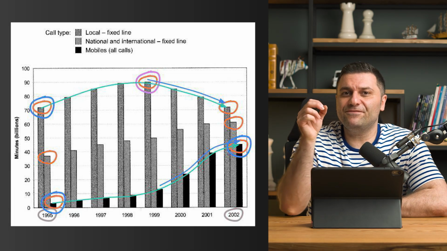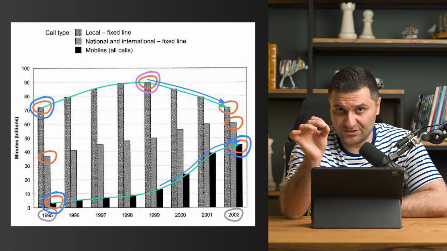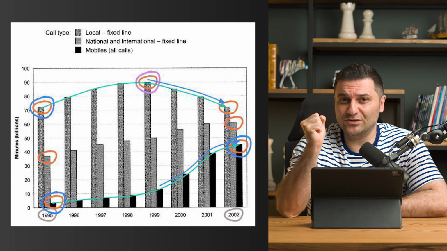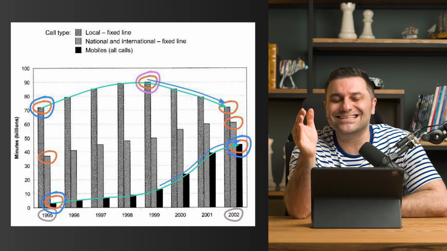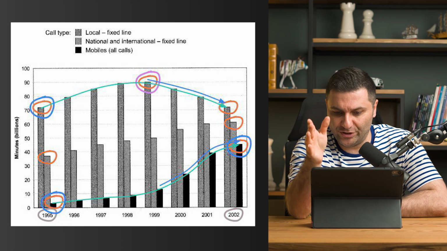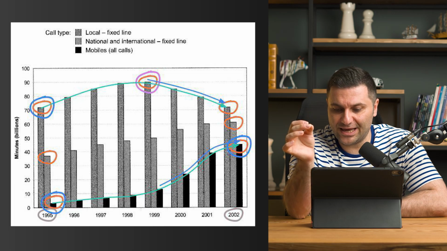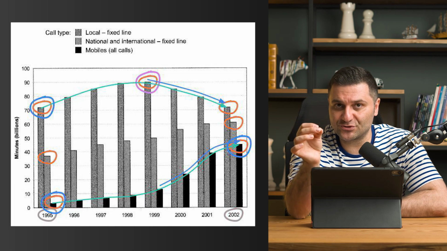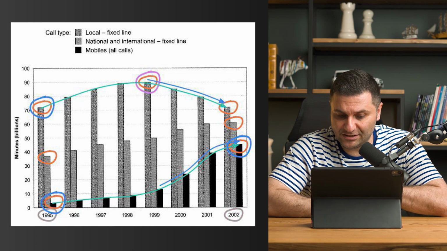The following features are important and should be discussed. The first one is starting and ending points. What is the starting point? It's 1995. And what is the ending point? It's 2002.